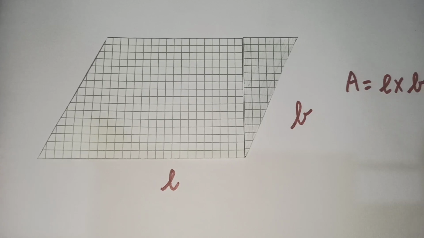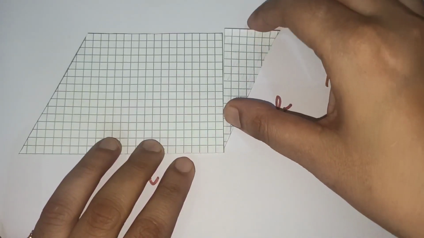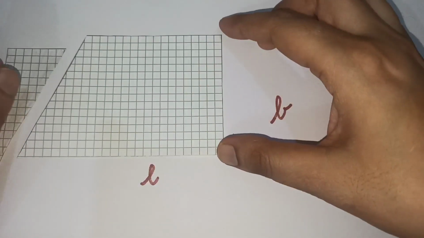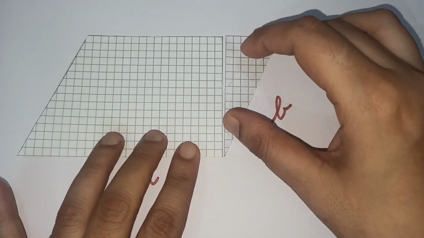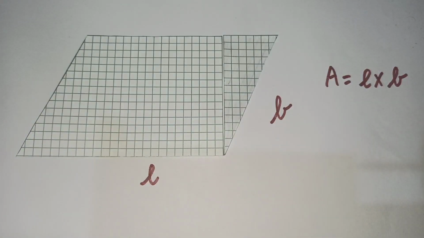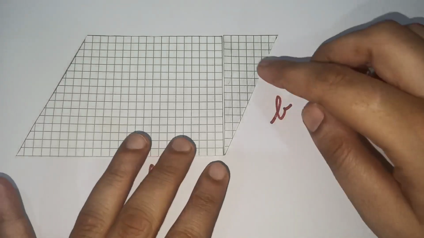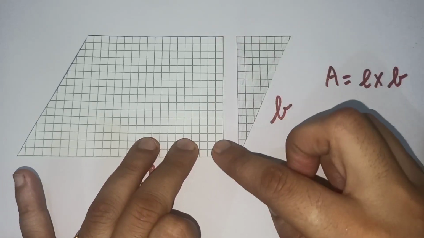So area should be L into B only. But now if you look at this shape, what was L? L was this. But now in this shape, the parallelogram, the L of the rectangle has become its height. So this is its height.